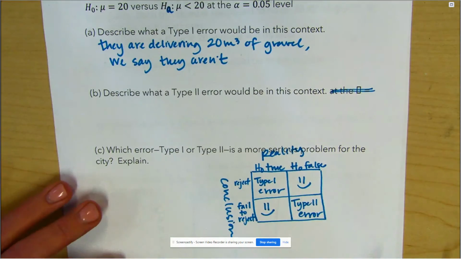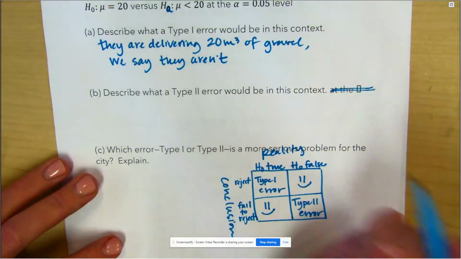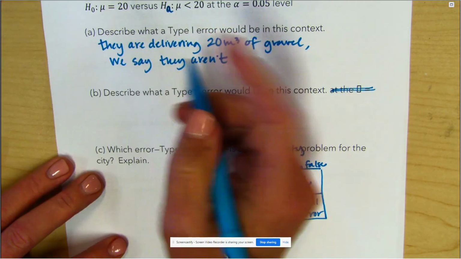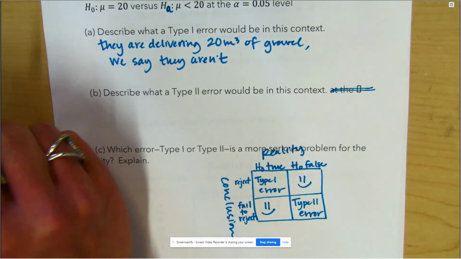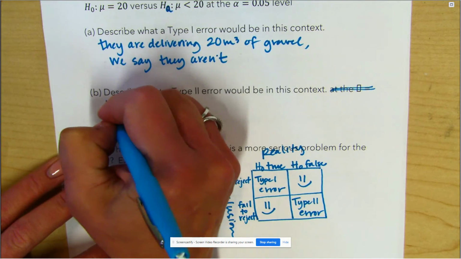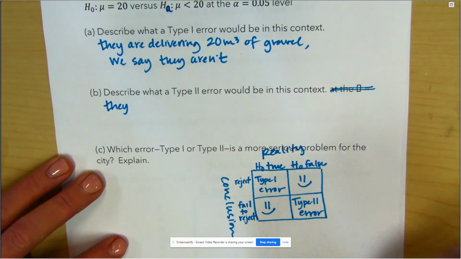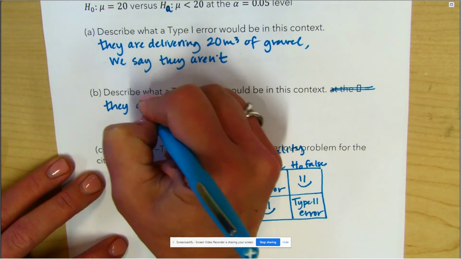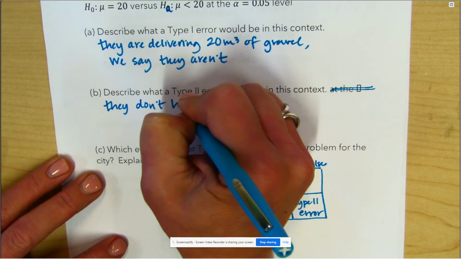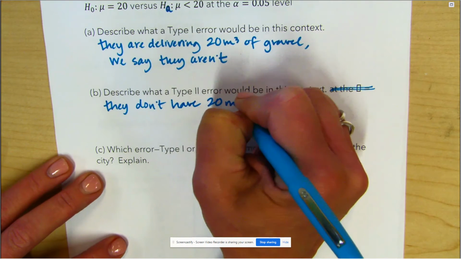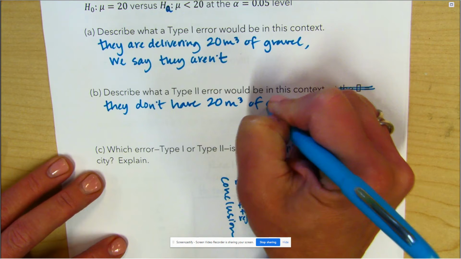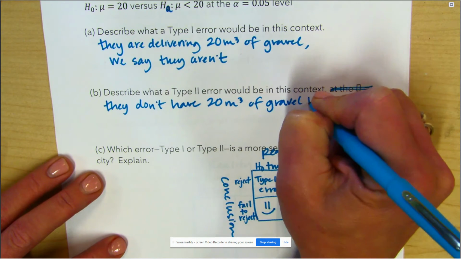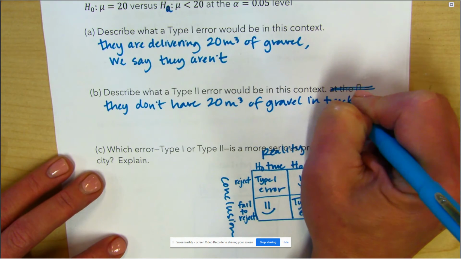So type 2 error would be, they don't have 20 cubic meters of gravel in truck, they have less.